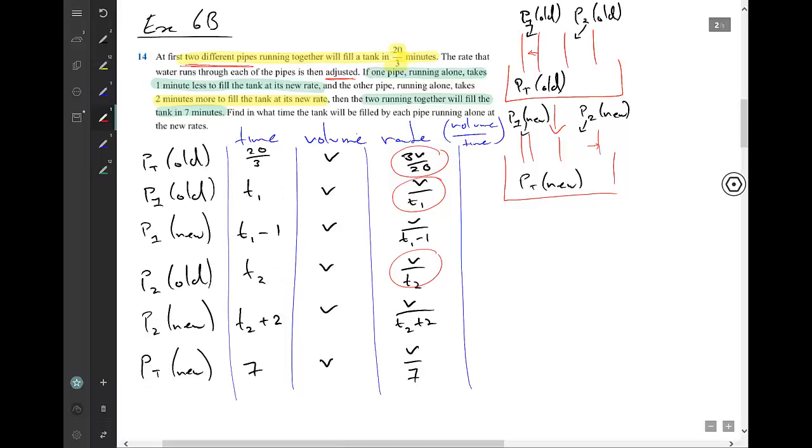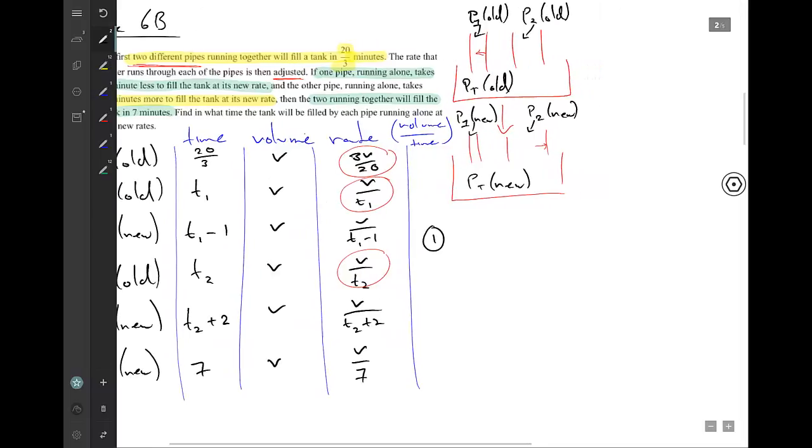So our first equation is going to be V on T1 plus V on T2 equals 3V on 20. So we have two variables and a third one in V. However, with V, we can just cancel out the V's.